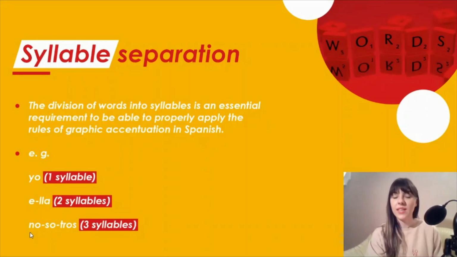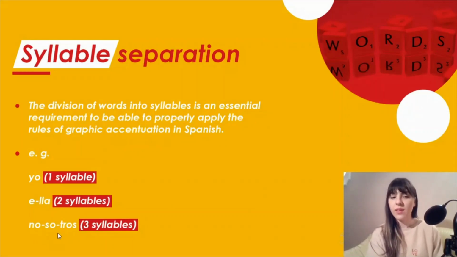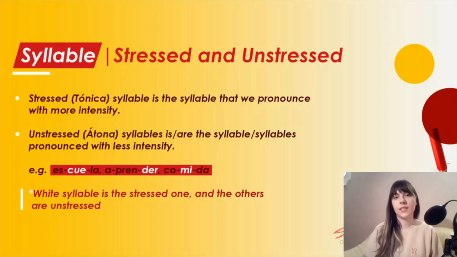And the last one is nosotros, and it has three syllables. The first two are made up of one consonant and one vowel, and the last one is TROS.